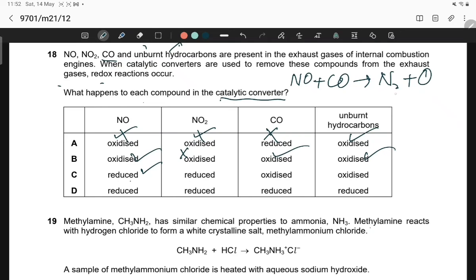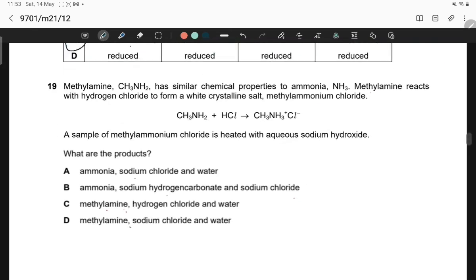This is one of the chemical reactions in the catalytic converter: NO plus oxygen to form NO2. So nitrogen dioxide must be reduced. So nitrogen dioxide is reduced, carbon monoxide is oxidized, and unburnt hydrocarbon is oxidized. This is the correct option.